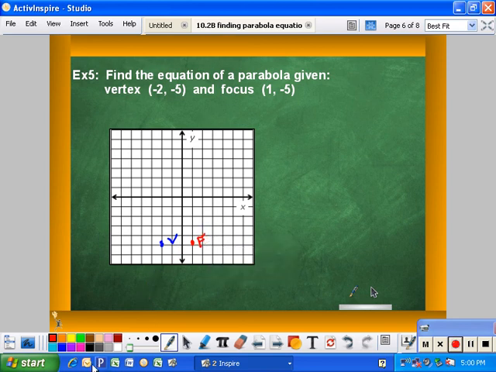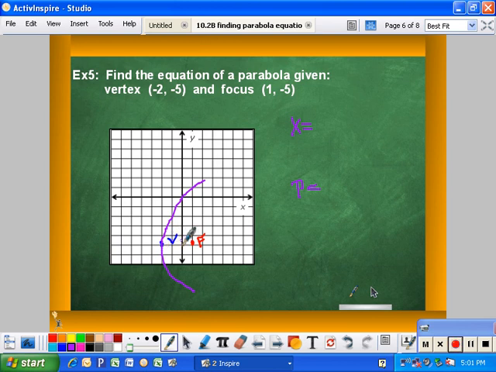And which way is this going to open? It is going to open to the right. There we go. And so I know we're in an x equals. I know that it's positive. Now the reason why you have this particular example is you might think, oh, we've done so many like this, but this one's going to be a little bit different, so pay attention. Let's figure out our a first. We know our p.